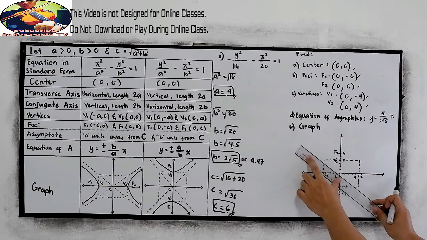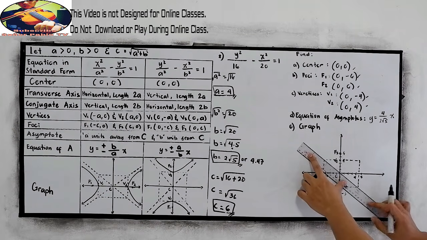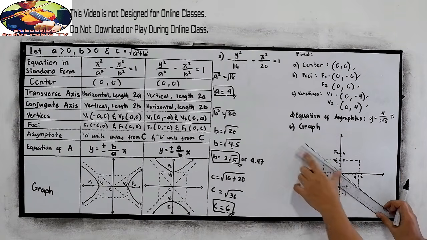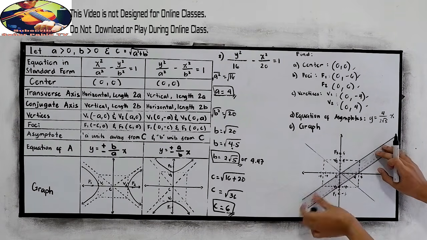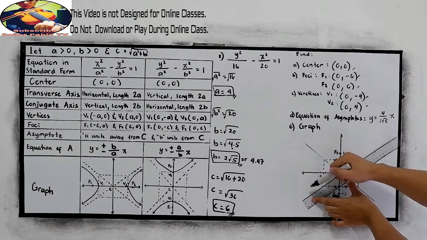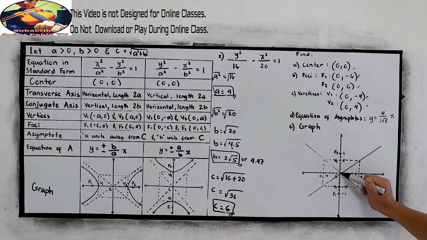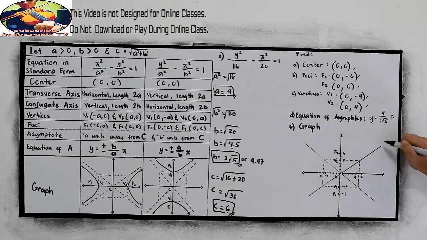Now, connect for our lines, the equation of the asymptote, and the other one. So this is the center. Then this will be the positive and negative.